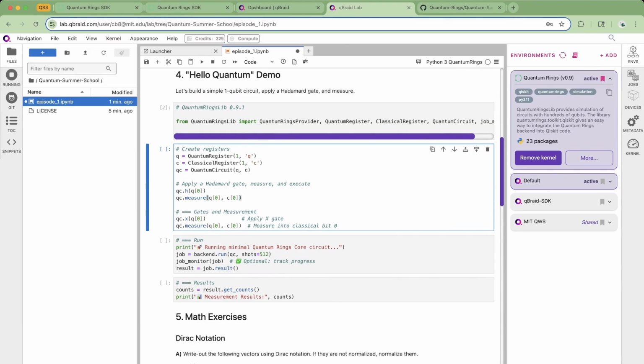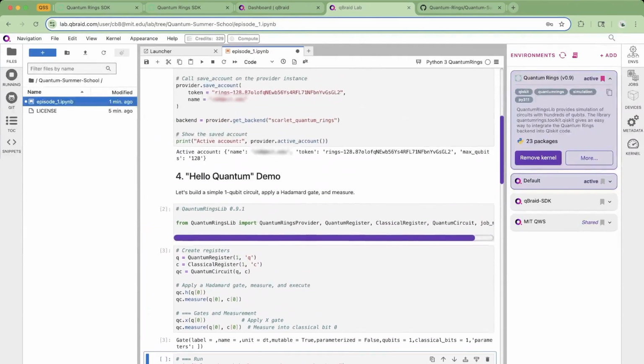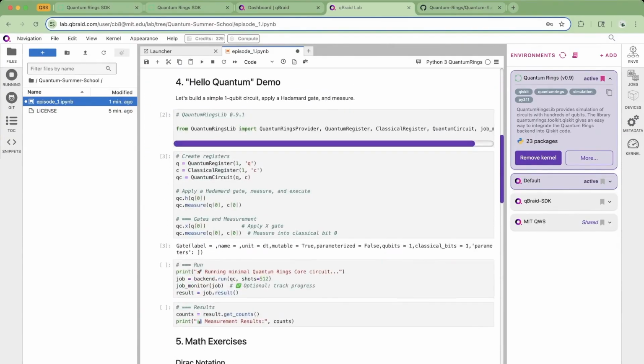So we're going to apply a gate to the qubit, and then we're going to measure it, and then we can run this. So we defined our backend before. It was this scarlet quantum rings, and we're going to run our quantum circuit, and we want to run it 512 times.